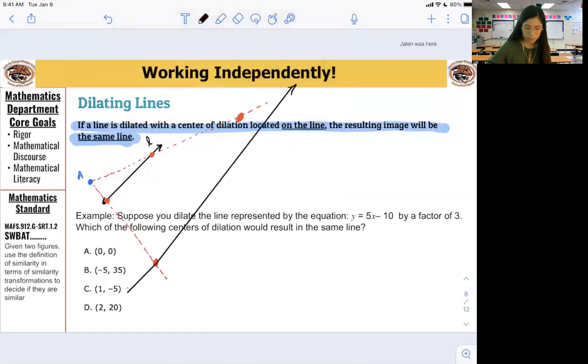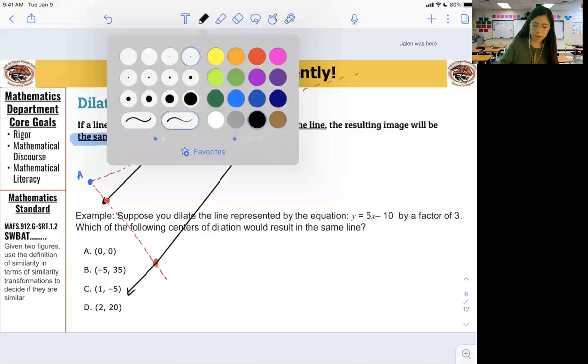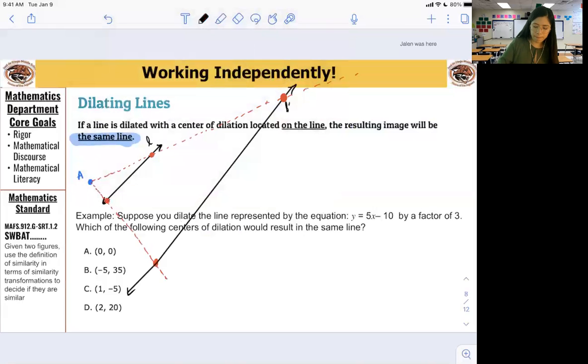Now, what's the relationship between these two lines? What's the relationship between line L and line, let's call this K? So it's a dilation. That is true, it is a dilation. But what's true about line L and line K to one another?